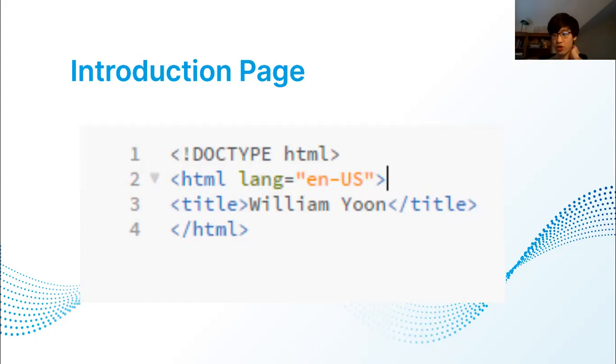So you save something, make it your name, William Yoon, then put save as, put it in a specific folder that you want to draw it from, and then put .html, and that's it. Once you save it, it should become colorful like this. It should read as an HTML script, and you'll be fine.